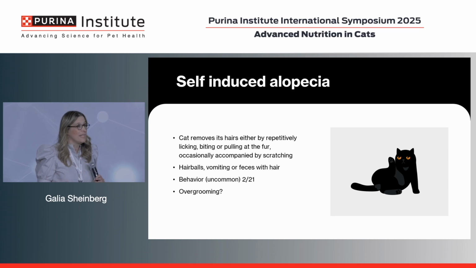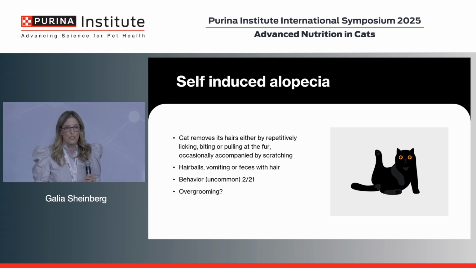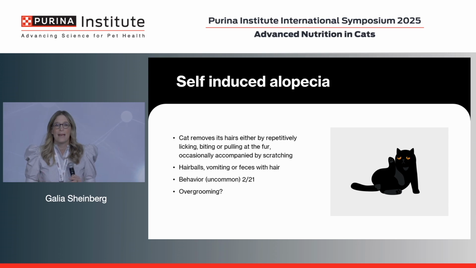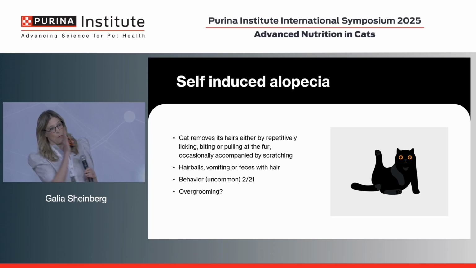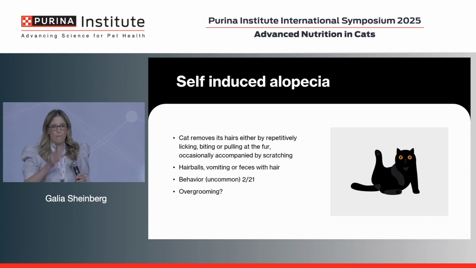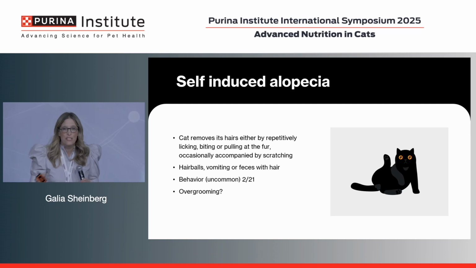Self-induced alopecia is the most common presentation, and this is a very common cause of visit in a veterinary clinic. Owners will come in concerned because their cats are losing part of their fur. They have alopecia, usually symmetric, usually with certain patterns that we can recognize, but sometimes cats do weird things, and we'll see half of the cat having an alopecic lesion, and we tend again to have this tunnel vision idea of, okay, I'm sure this is a self-induced alopecia.